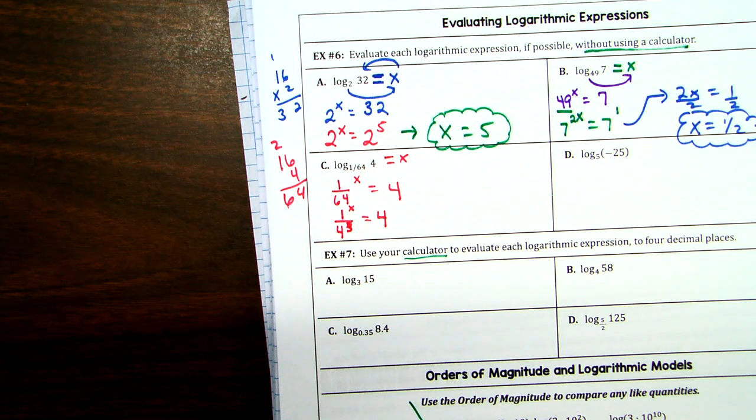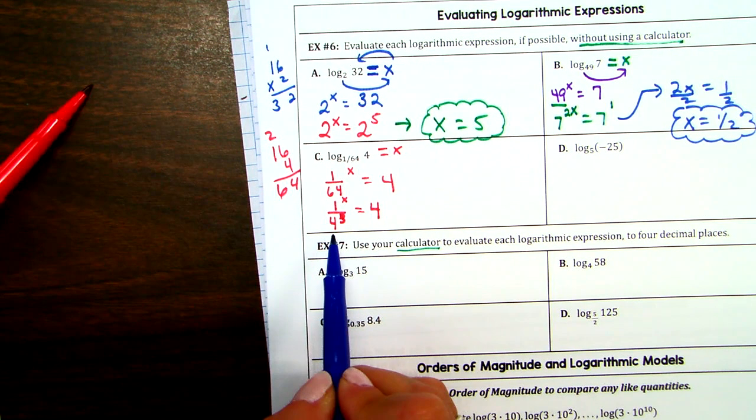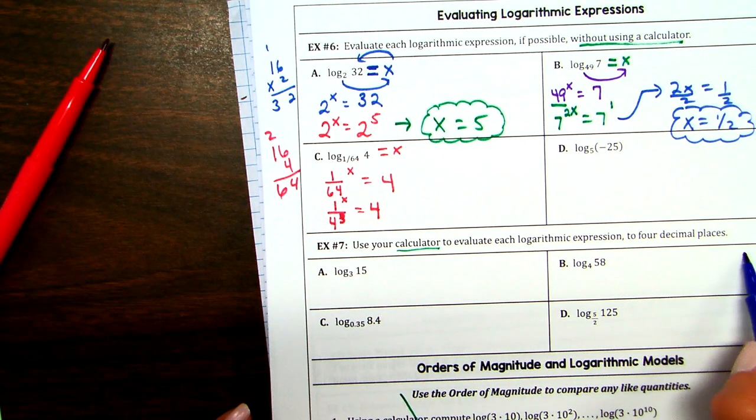Of the 3. So the mistake people make is they change the sign of the base. Okay? If I have this on the bottom and I want to move it to the top, I'm allowed to, as long as I change the sign of the exponent. Okay? 1/4 to the positive 3 is the same as 4 to the negative 3.